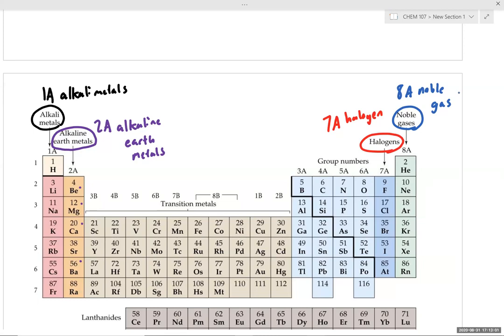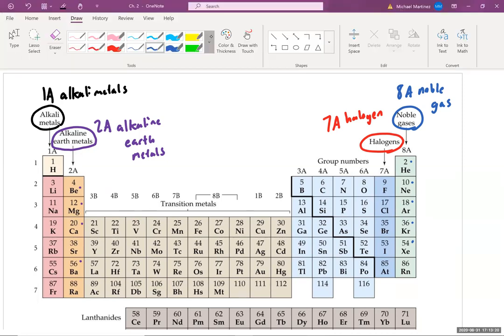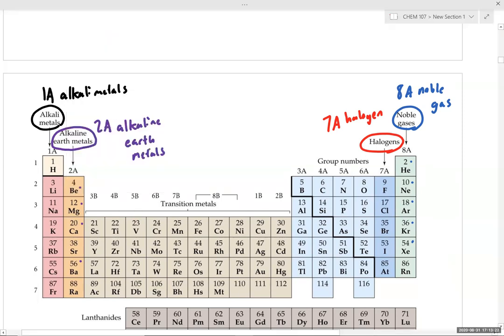An example of a noble gas would be helium, neon, argon, krypton, and xenon. You may want to be especially familiar with these noble gas symbols and names, as they show up a lot when we start to write electron configurations and noble gas or abbreviated electron configurations.